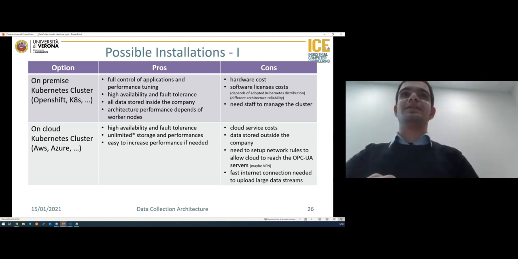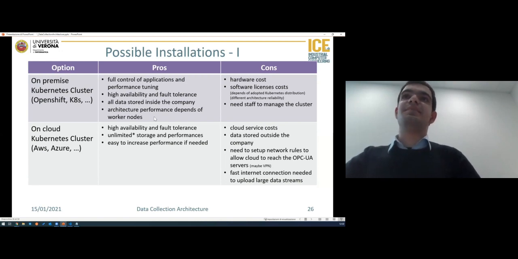So we have the server in house, inside the company, so we have full control of the performance of the hardware and also the software. Another pro is that all the data we collect is stored inside the company, except for the data sent to the cloud, exactly. And for industry, this is often a very important requirement.